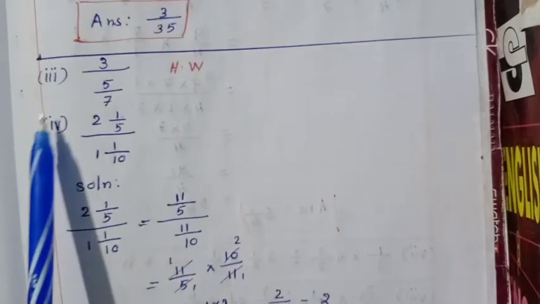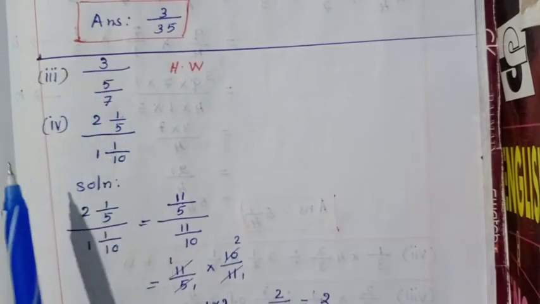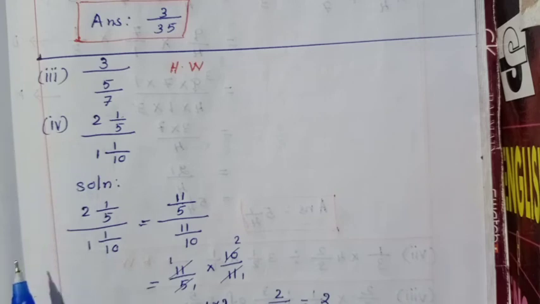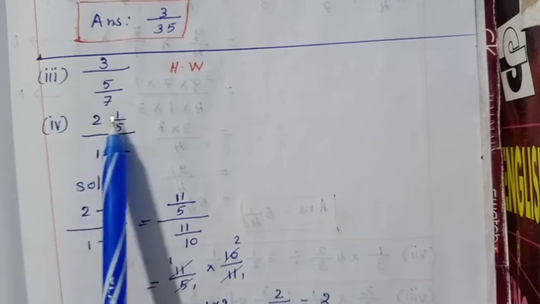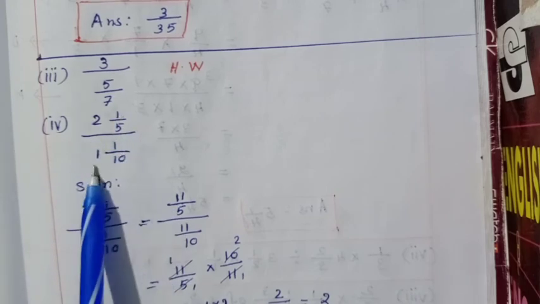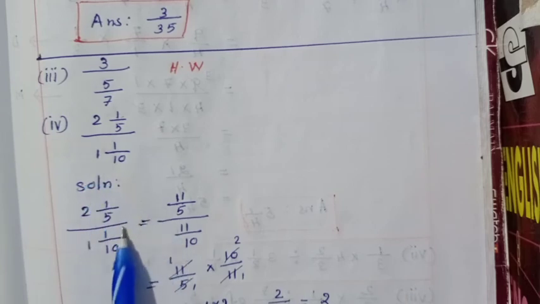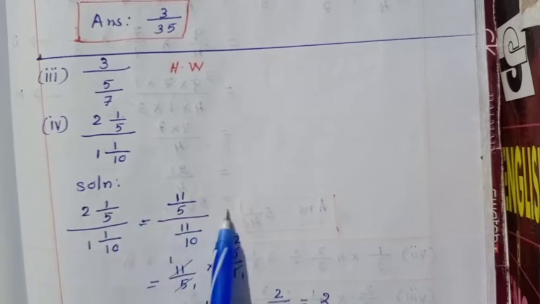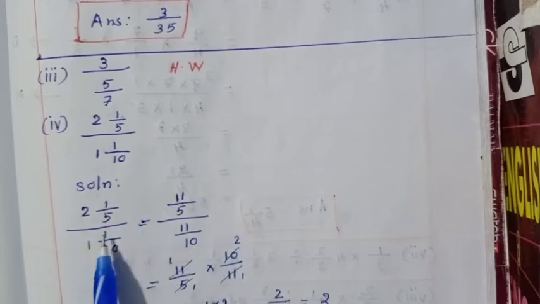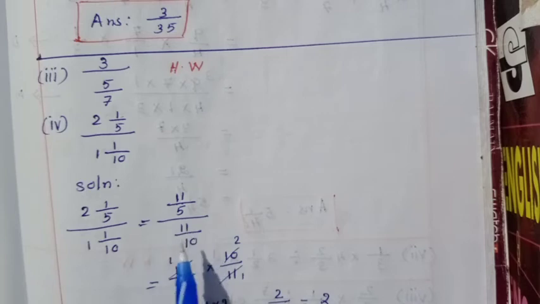Next, question number 3, homework. Number 4: numerator 2 1 by 5 by denominator 1 by 10. So the numerator 2 1 by 5 we can write as 5 into 2, 10 plus 1, 11 by 5, divided by 1 by 10, which is 10 into 1, 10 plus 1, 11 by 10. Now the same process we have to do. 11 by 5, this division changing and writing into.